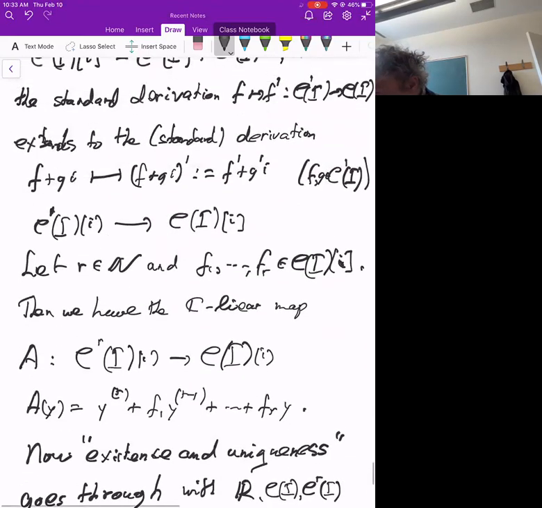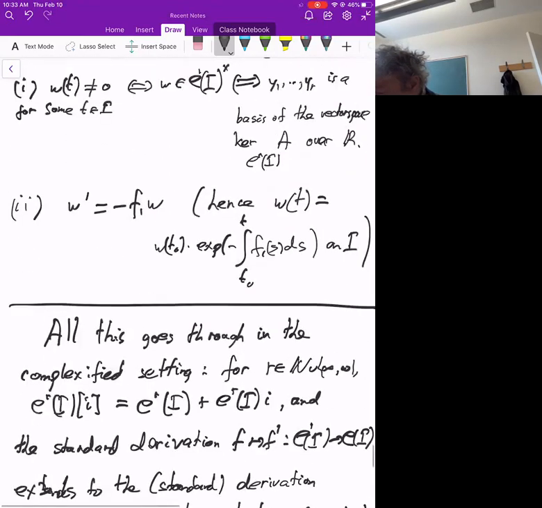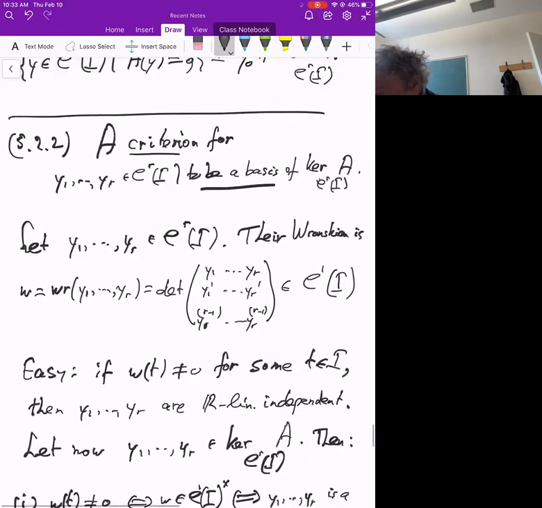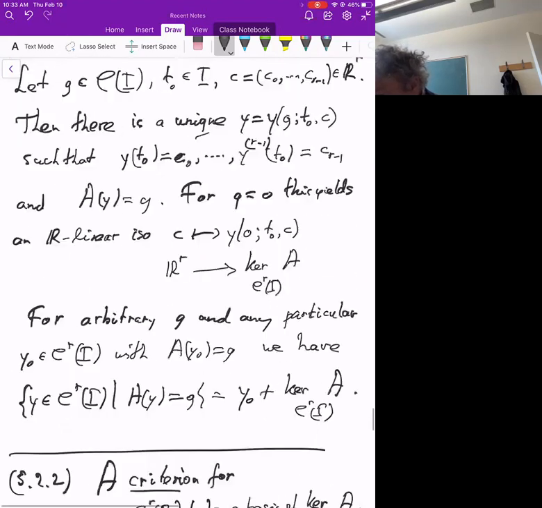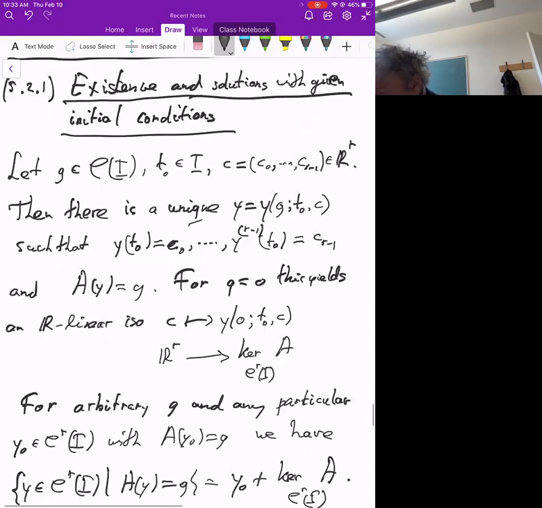If you just go through the statement again, you will see that g will now be a complex continuous function on I, and now c is an r-tuple of complex numbers, and then there is a unique y.